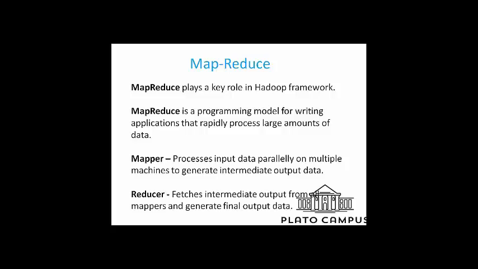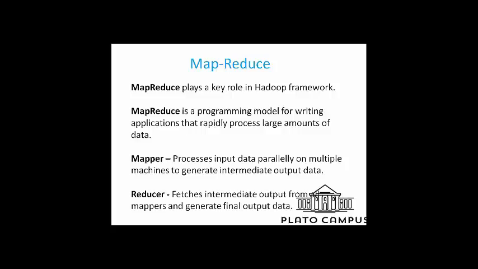Because our data was split and stored distributively on multiple machines, to process that distributed data we need such technology which can be executed parallelly on multiple machines, so that the data which is already stored distributively can be processed distributively.